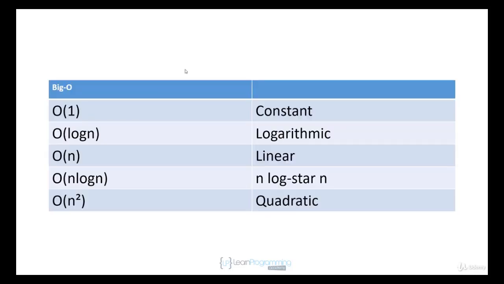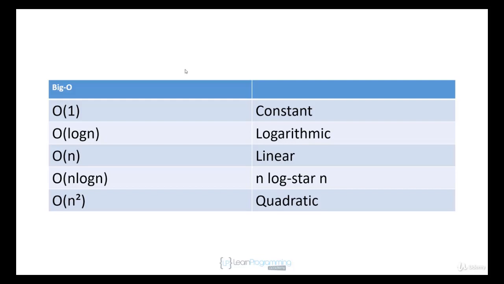So these are the big O values we're going to mainly see in this course. We have O of 1, which is constant time complexity, O of log n, which is logarithmic time complexity, and that's log to the base 2, not log to the base 10. O of n, which is linear time complexity.